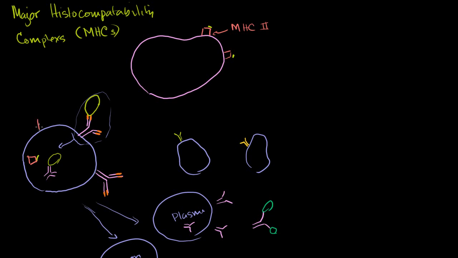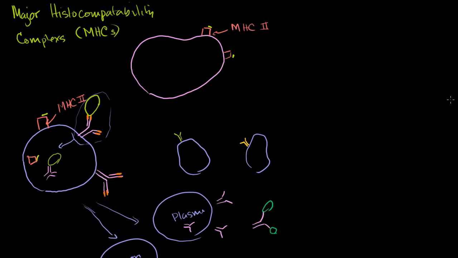So a B cell will also present the antigen. So this is also an MHC2 complex, a major histocompatibility complex. And just so you know, histo means tissue. So this is related to whether something is compatible with the tissue in your body. We'll talk more about that and how it relates to transplants and all of that. So this is also an MHC class 2.